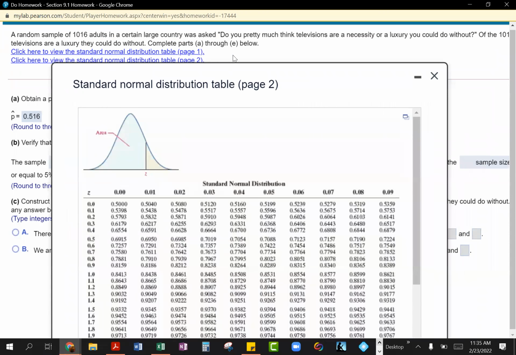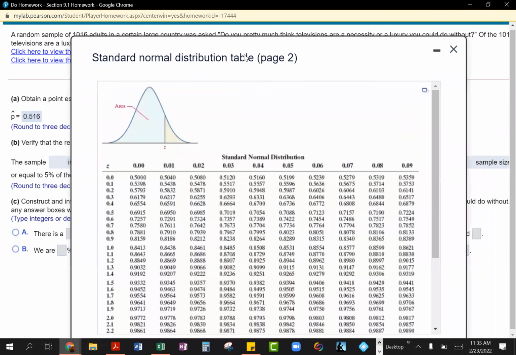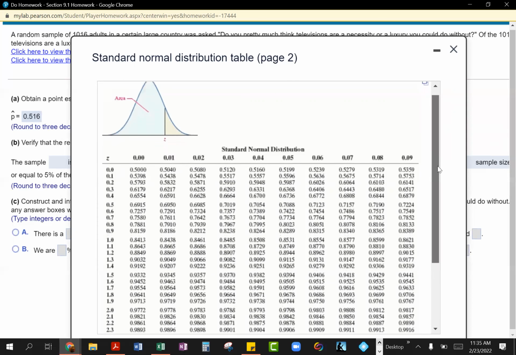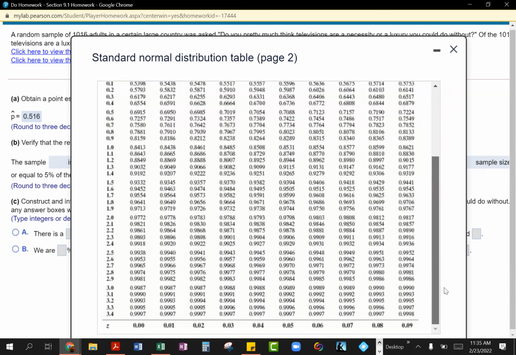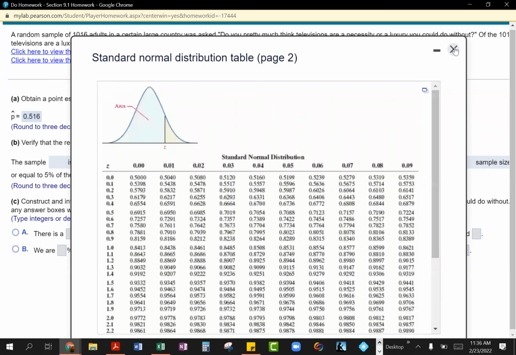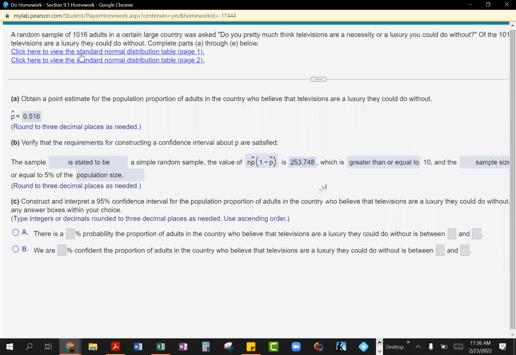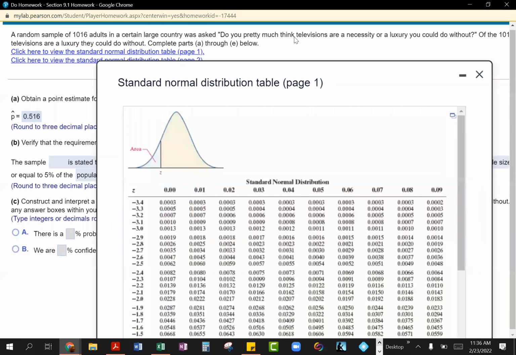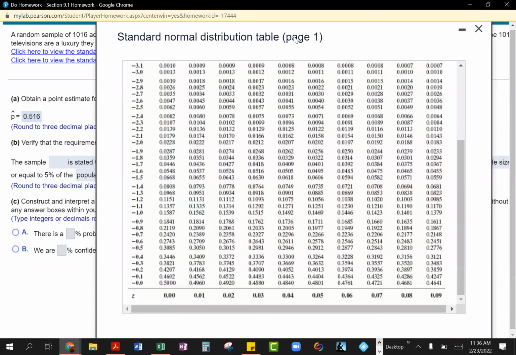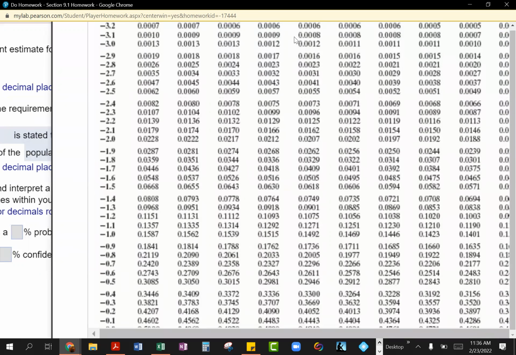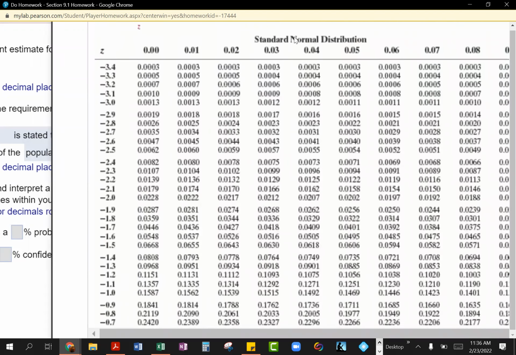Let's see, 0.025. Actually, I think I need to be on the other side of this table, table 1. I'm trying to make this bigger so I can show you.